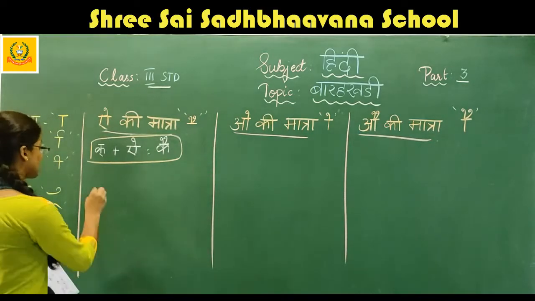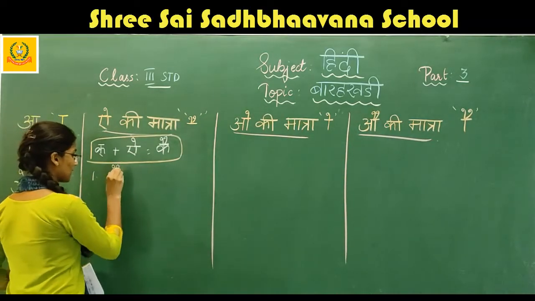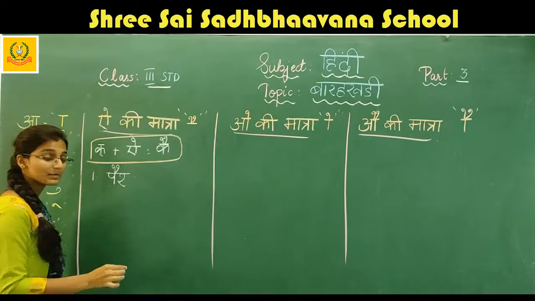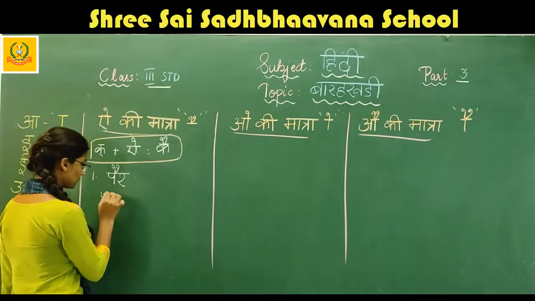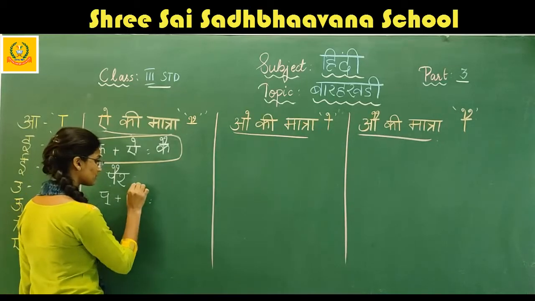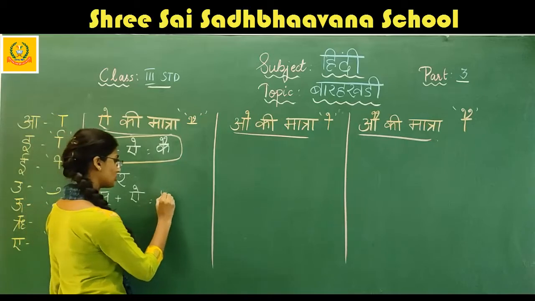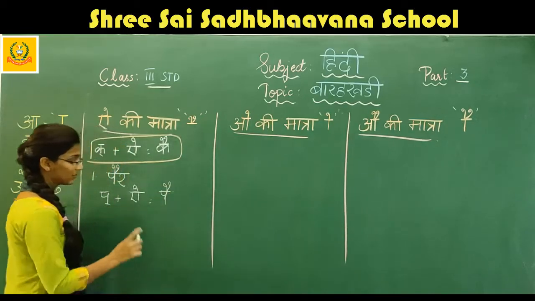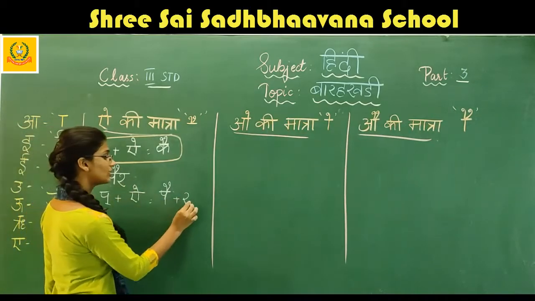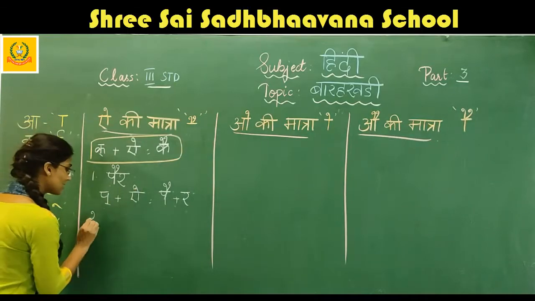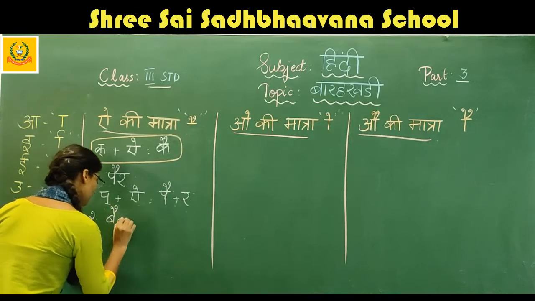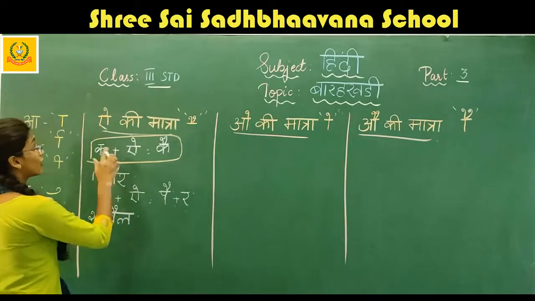First example: pair. The first letter is pa, and we have I ki matra. Pa plus I is equal to pi. And then you write ra plus a is equal to ra. Pair. The next example is bale. Bale is another example for I ki matra.